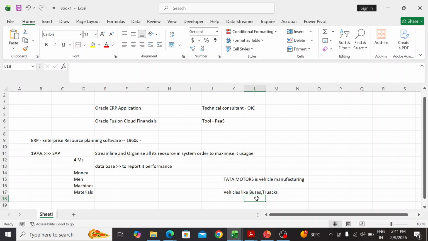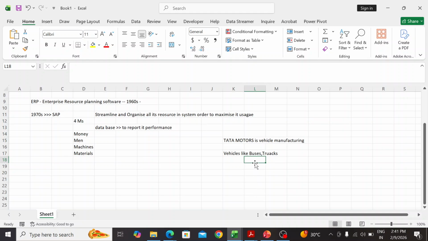To produce a bus or a truck, they need resources. Majorly, resources are categorized into four M's.